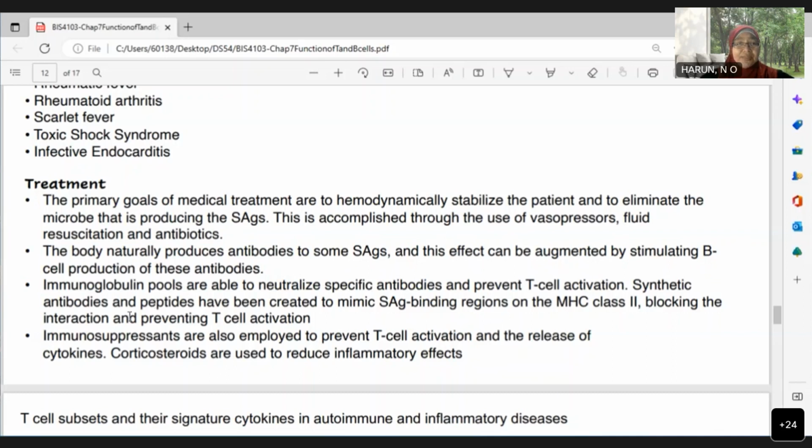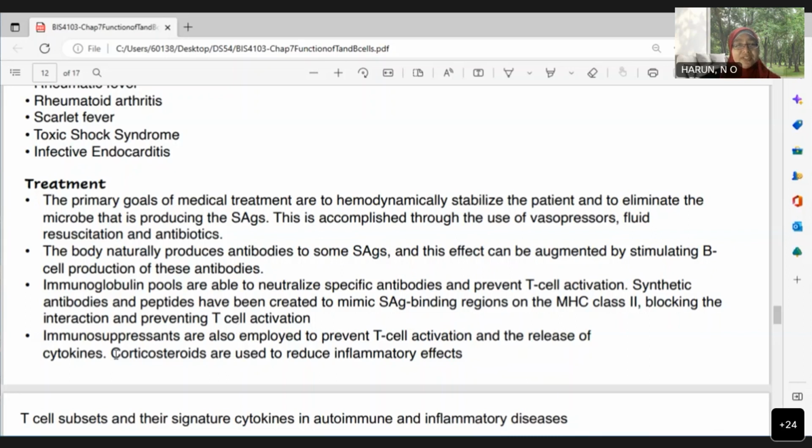And synthetic antibodies and peptides have been created to mimic. So the researchers are also producing synthetic antibodies to mimic the SAG binding region on the MHC class 2, whose function or role is to block the interaction and also prevent T cell activation. Okay, too much T cell activation is not good for our system as well.